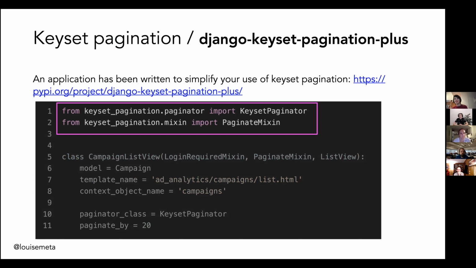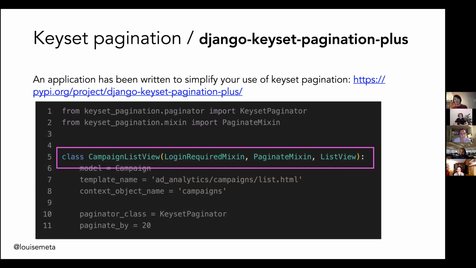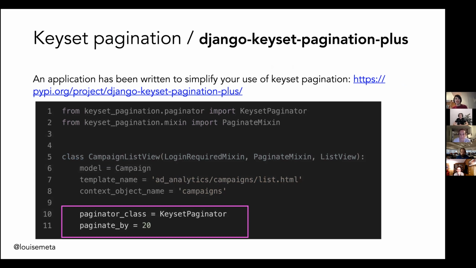Then it's just a mixin that you add, the paginate mixin. Then you give it the paginator class to replace the default paginator from Django, and then the paginate by. It is not that much work. I think it's doable.